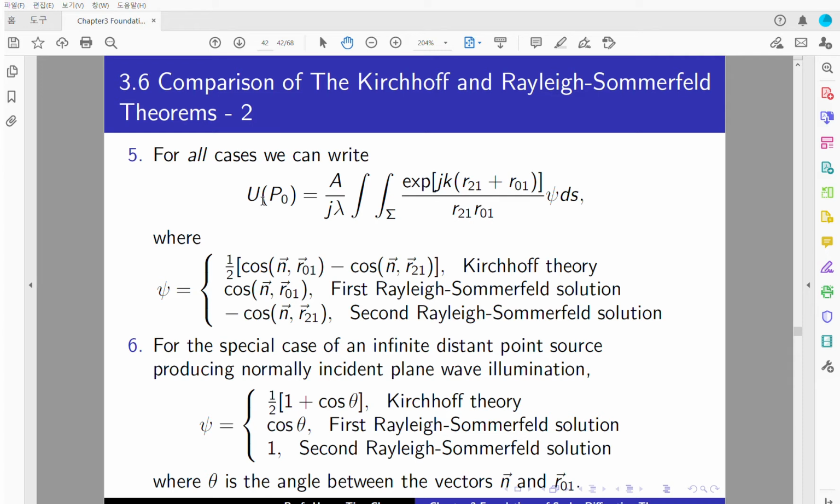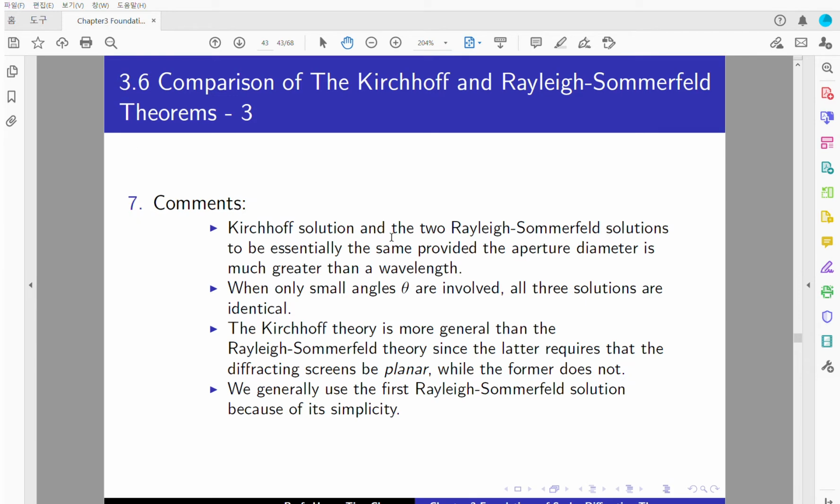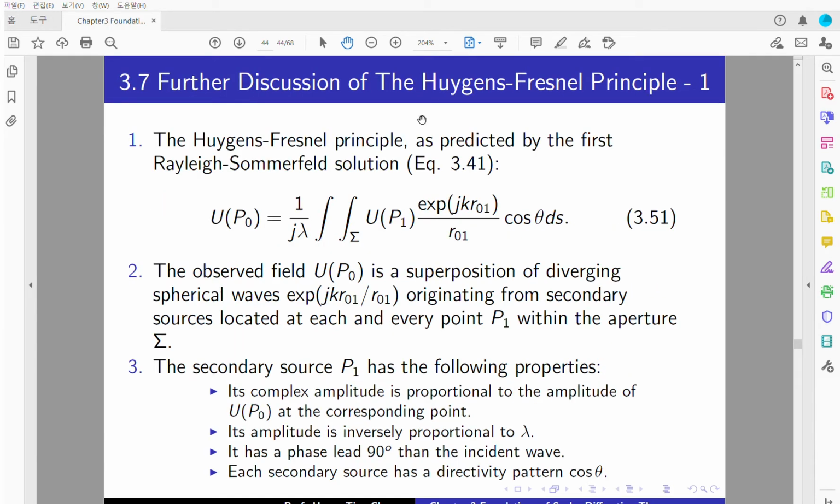That means for an electromagnetic wave, any component can be expressed in terms of an integral at the aperture. Okay, that is the whole thing we have learned, and it is consistent with the Huygens-Fresnel principle.